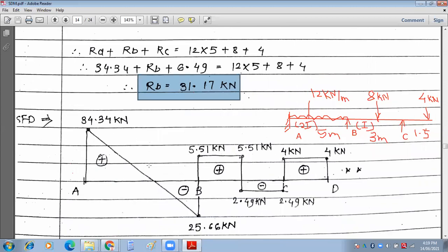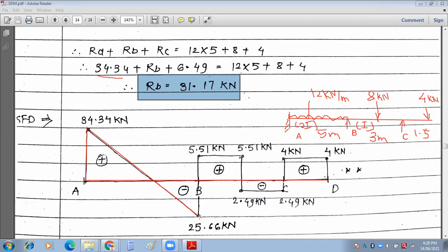Now as we know, reaction RA is 34.34. Now let us consider this one as the reference line. Take down this reference line. Reaction RA is going vertically upward, 34.34. Now due to the UDL it goes down and this value is 25.66.